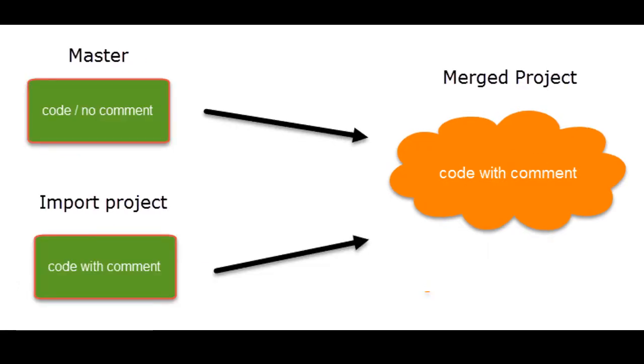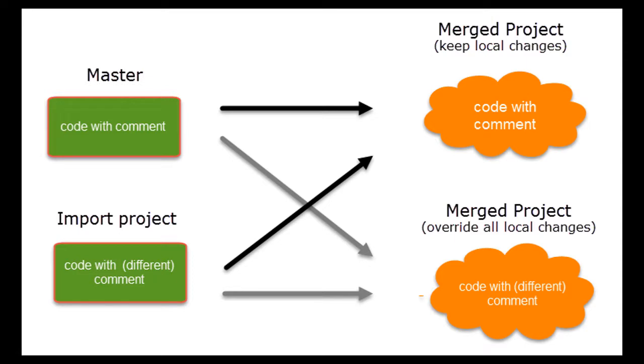Now looking at a project that has codes without comments, and in the import project a person has added comments to one or multiple codes. In the merged project we will end up with commented codes, because the comments are different compared to the master project, and those will be added to the project.